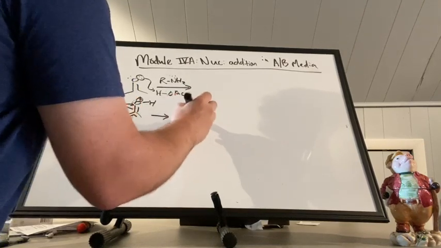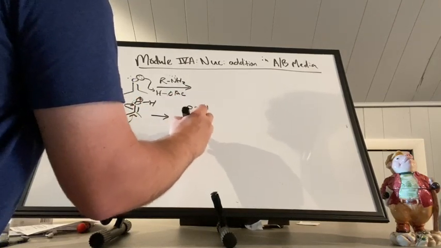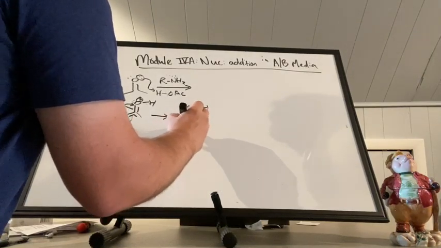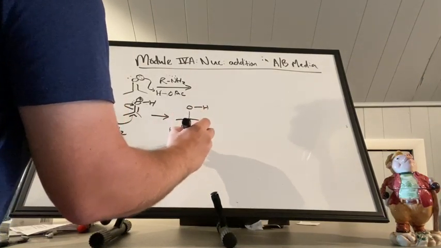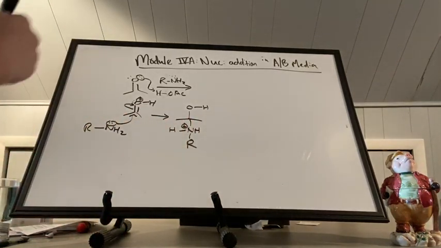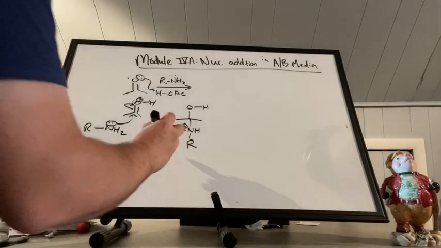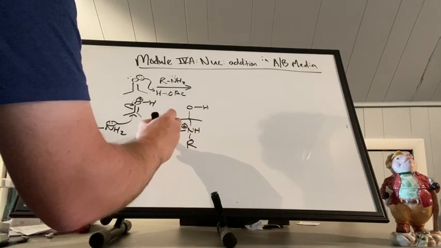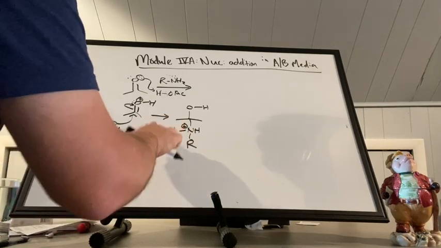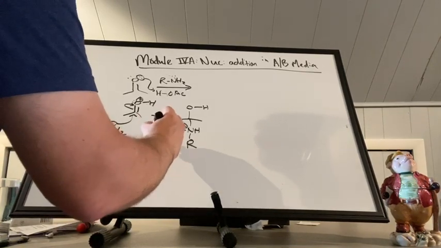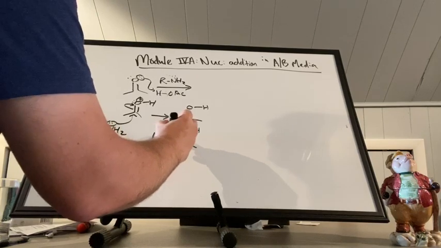There's a tetrahedral intermediate here. Positive charge now about that nitrogen. Put a generic R group. Okay. And something is going to behave as a base, or I'll just put conjugate base of an acid here, just generically.